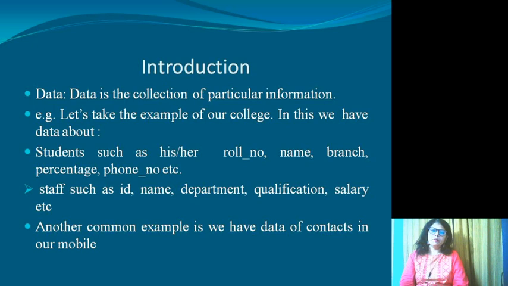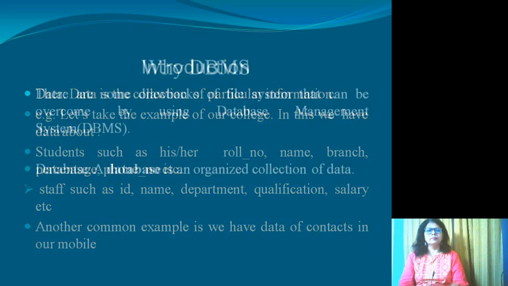All of you are using mobile. In mobile, we keep the information about a person, his name, his contact number, his email ID. So this is also one type of data of that particular person. So these are the examples of data.